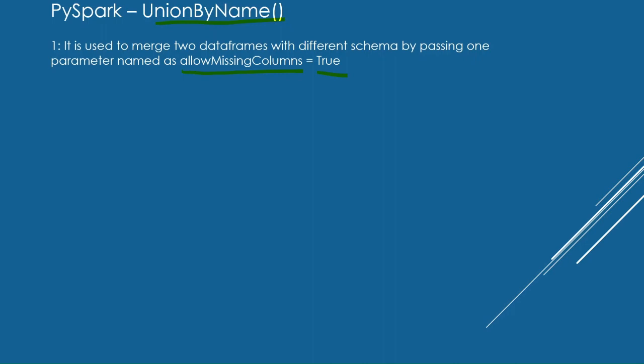But if we have two data frames with different schemas and want to merge them into one data frame, then we can do it with the help of unionByName by passing this parameter as a value.